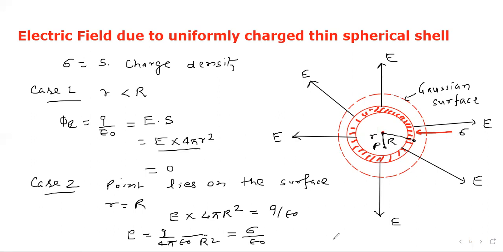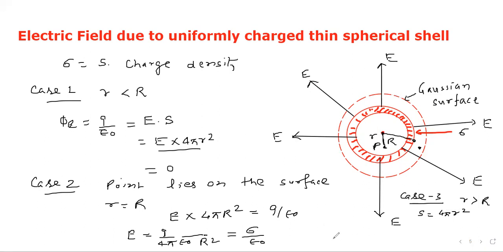Now, let's consider any point outside. Suppose the point lies here. In that case, we will write the flux as case 3. So when the point lies outside, the charge enclosed will be Q. The total charge will be enclosed by it. So here we are considering small r greater than capital R, and the surface area in that case will be S equal to 4 pi small r square.